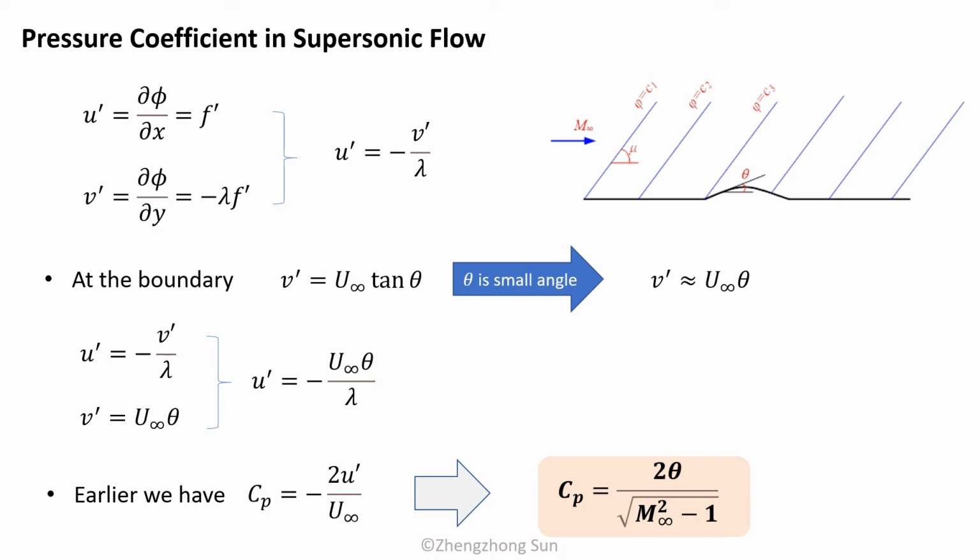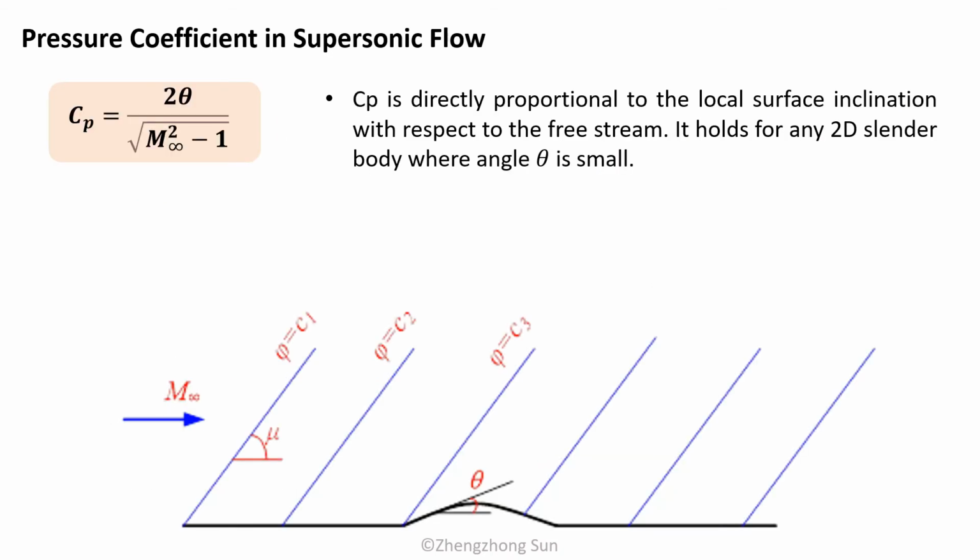Before we start using it, we need to define when theta is positive and when theta is negative. That's very important. You can see Cp is directly proportional to the local surface inclination with respect to the free stream. It holds for any 2D slender body where angle theta is small. If the surface deflection goes into the flow, then it's a positive deflection, or positive theta.